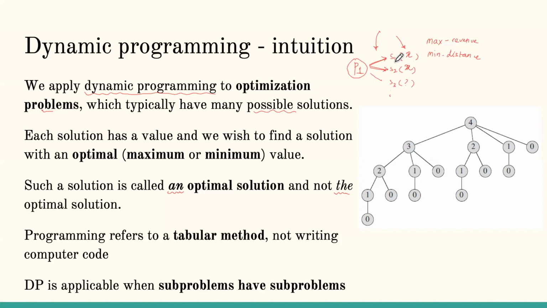Now, also something that's slightly confusing is that the word programming in dynamic programming does not refer to the computer code that we write. Instead, it refers to a tabular method where we maintain already solved solutions.